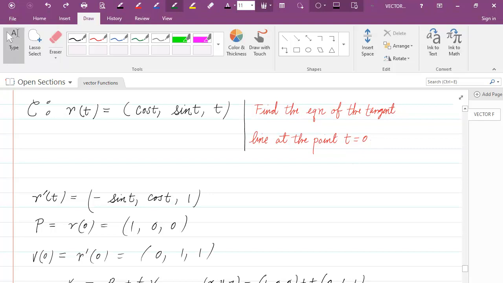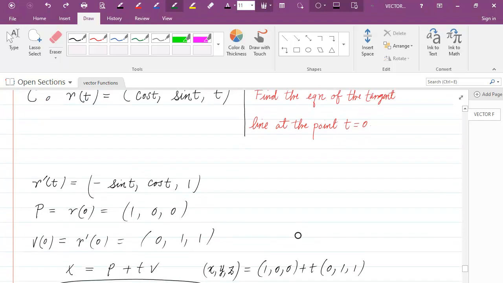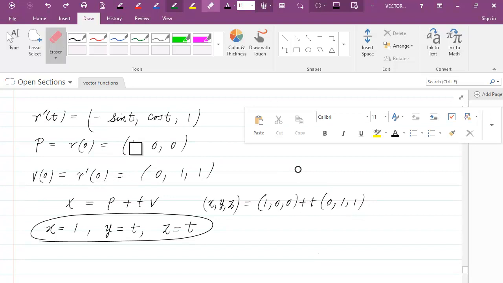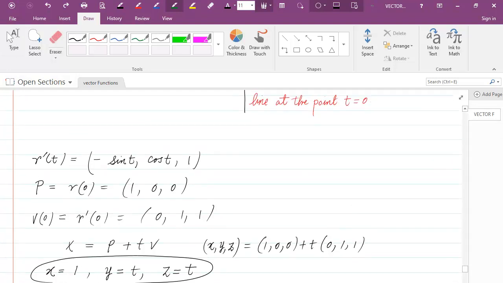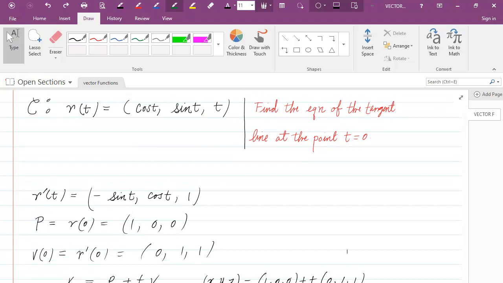Now, what is r prime of 0? r prime of 0 would be, well, negative sine of 0, cosine 0, so we get 0, 1, and 1 to be the value of r prime at 0. So r prime of 0 we know is a vector that is tangent to the curve at the tip of r of 0.